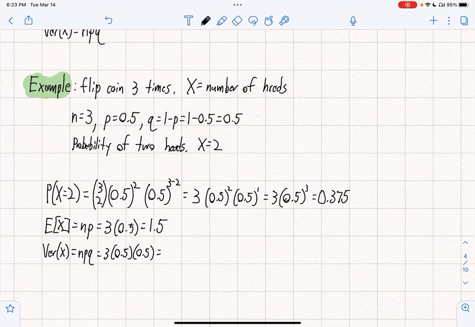That is equal to 0.75. And of course, if we wanted the standard deviation, it would just be the square root of 0.75. And that is equal to 0.87.